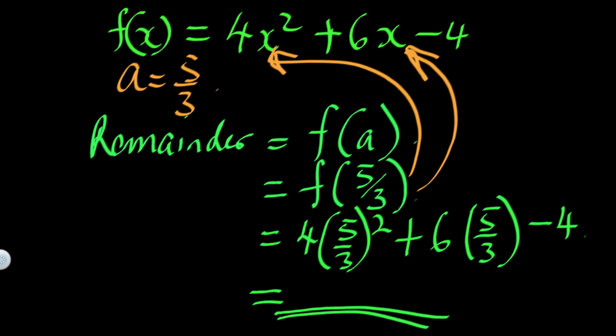That is our remainder. So we have 4 times 5 over 3 squared plus 6 multiplied by 5 over 3 minus 4.